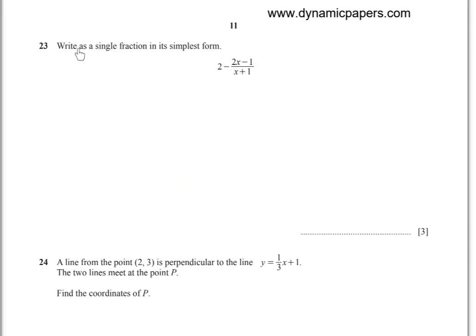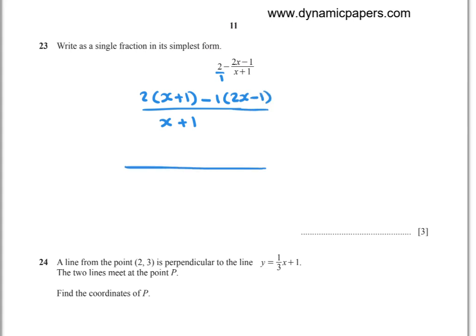Question 23: write as a single fraction in its simplest form 2 minus (2x minus 1) over (x plus 1). 2 can be written as 2 over 1. Multiply the denominators: x plus 1 times 1 equals x plus 1. Cross multiply: 2 times (x plus 1) minus 1 times (2x minus 1).